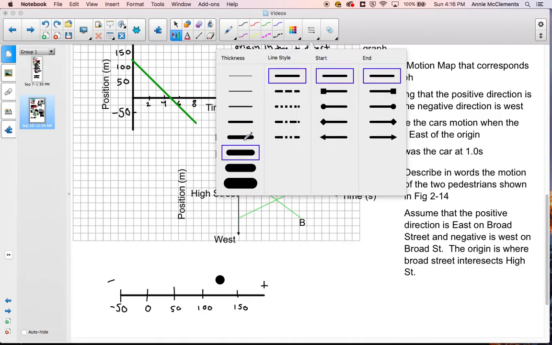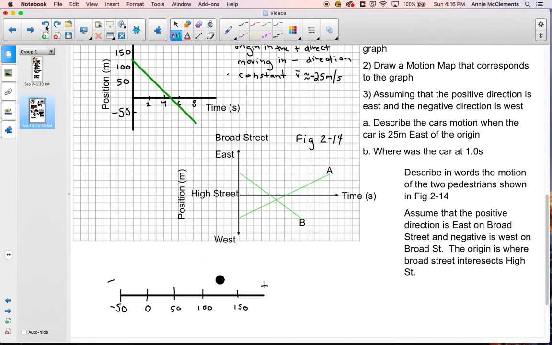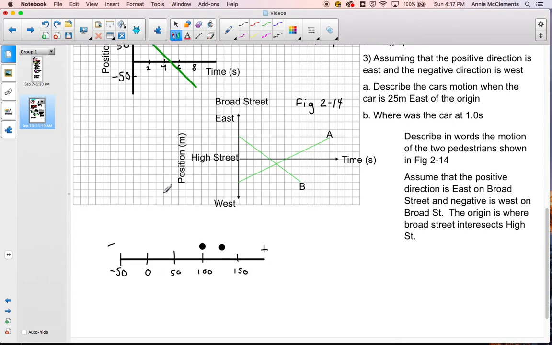See if I can make my dots a little smaller. There we go. All right. Time 1, if we go up and look at our graph, after 1 second, we're at about 100 meters, and so on and so forth.